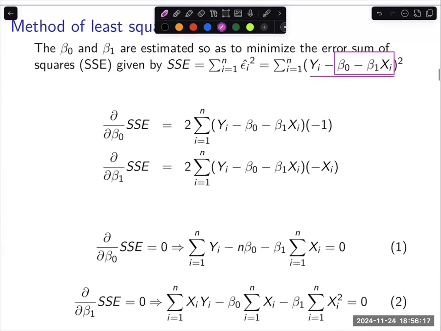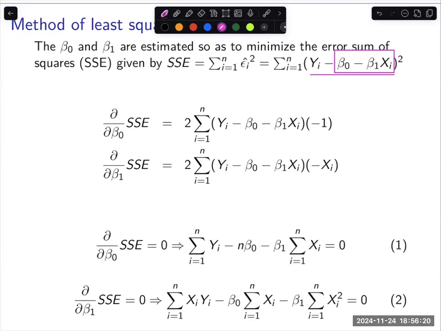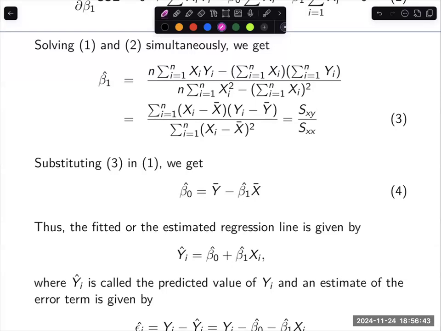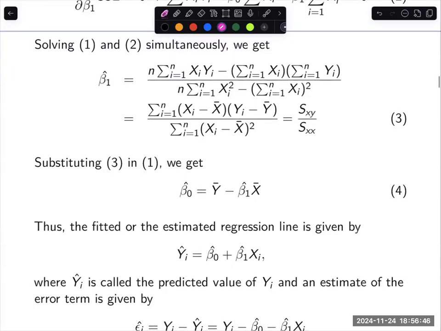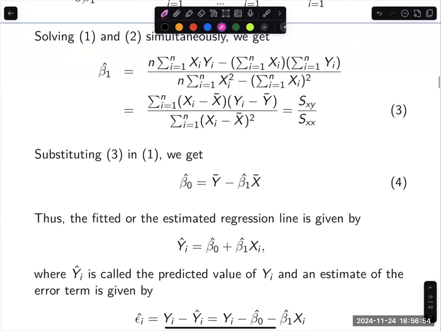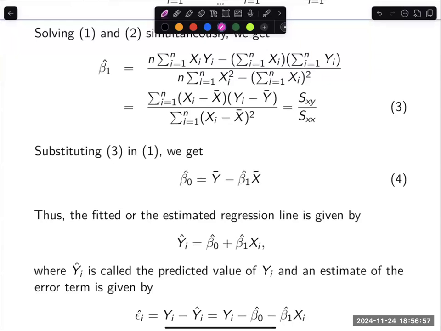Forcing those two first partial derivatives to both equal 0, we can solve for the minimizer of the sum of squares term, and we are going to have the following solution. The mathematical deduction will be skipped here, but this is just a simple linear equation system with two unknowns. So you should be able to solve for beta 1 hat, which is equal to the following expression.